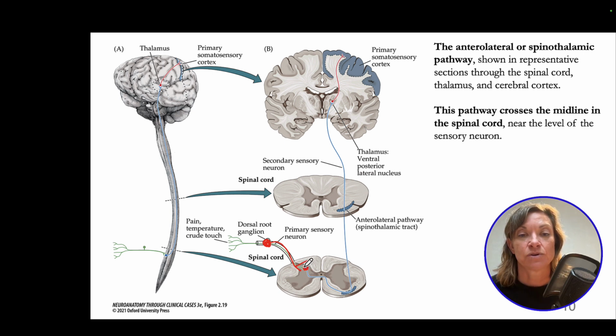And that second order neuron crosses at or near the level of the spinal cord, commissurally, right, a horizontal crossing, to ascend in the anterolateral pathway or the spinothalamic tract. And so the place where that crosses is at or near the level of the primary sensory neuron.